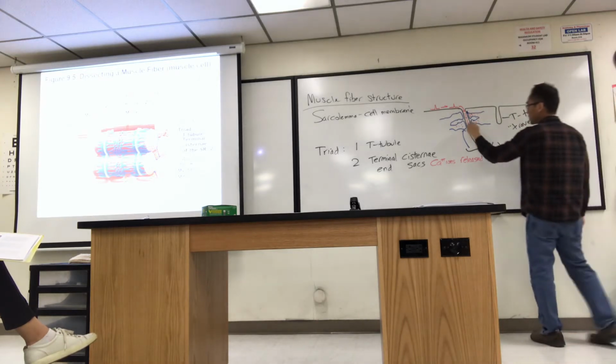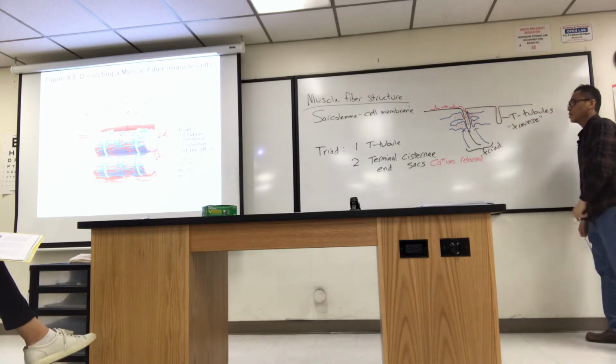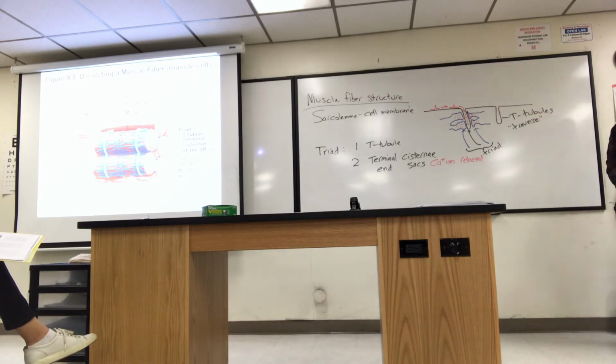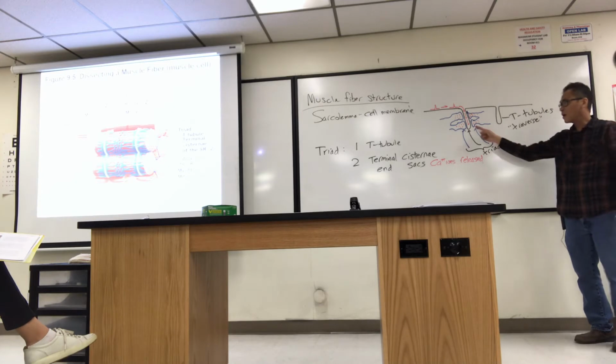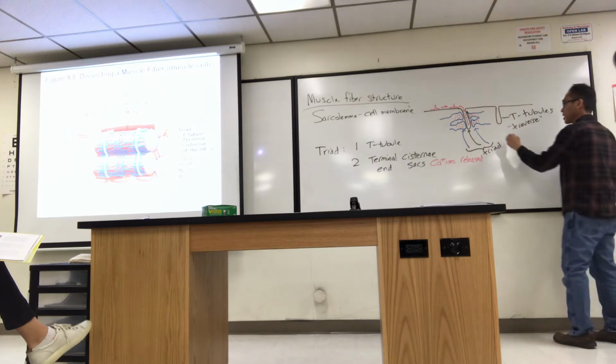The goal is to release the calcium from the end sacs for muscle contraction. But you only want to do that when you get a stimulus. That would be the nerve impulse, the signal that will stimulate some channels in here to open.